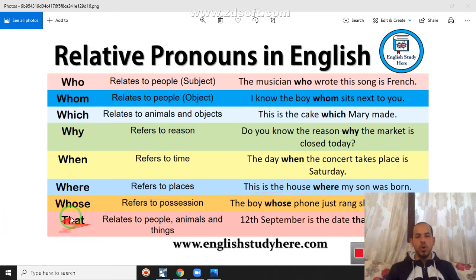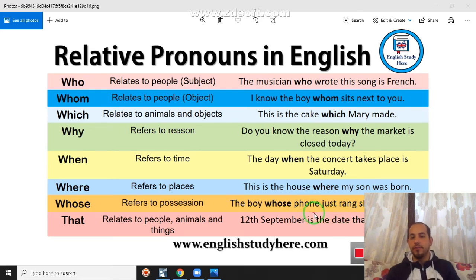Okay. Whose refers to possession. Now, once you read the sentence, you will understand what I talked about. The boy is a person, so you are supposed to use the relative pronoun who. But when you read the second part of the sentence, the boy, blank, phone just rang should stand up.